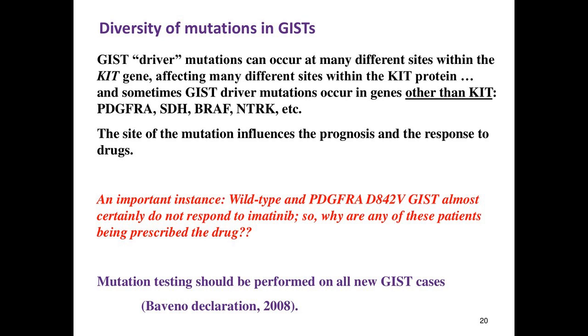An important example of this, as we now understand, is that a significant number of GISTs, and that includes the ones that we call wild type or sometimes quadruple wild type. It includes quite a large subcategory of GISTs, the so-called PDGFRA D842V mutations, which I'll explain a little bit later.